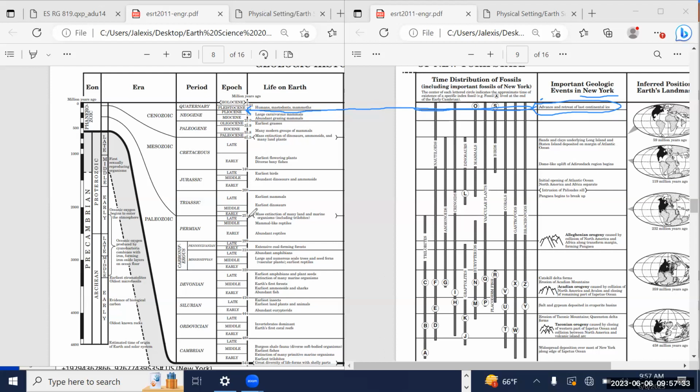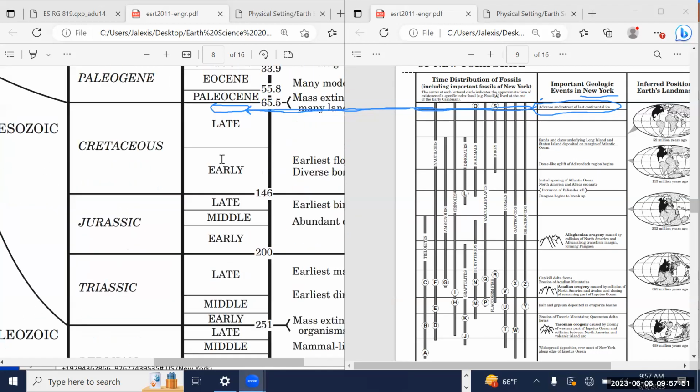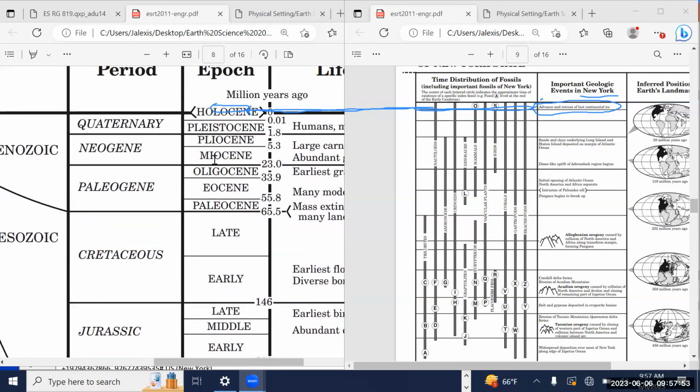So the correct answer is located right here, Pleistocene. When you follow that line, it lines up with Pleistocene, not the Holocene. That's why the correct answer is the Pleistocene epoch. Okay, let's move to the next question.